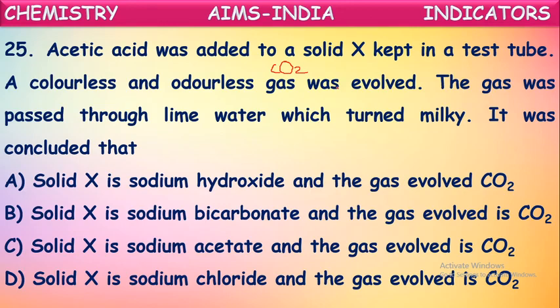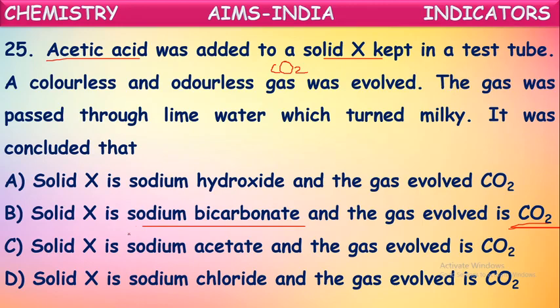So here solid X reacts with acetic acid producing carbon dioxide, so solid X must be a carbonate or bicarbonate. See in the given options which is a carbonate or bicarbonate. Observe the second one: solid X is sodium bicarbonate and the gas evolved is carbon dioxide.